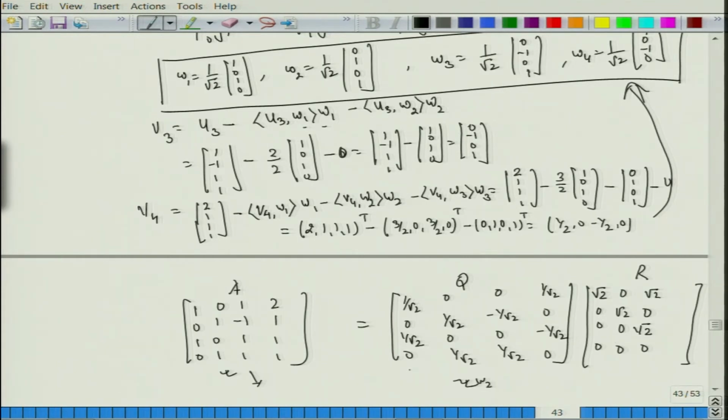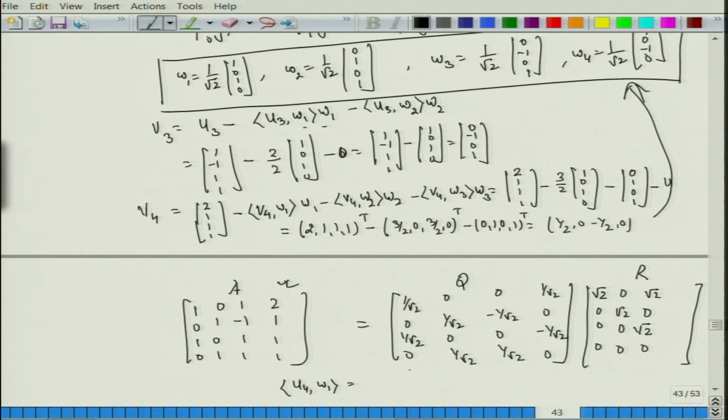Fourth one, let us look at the fourth one. The fourth one has a lot of entries, so be careful. I have to compute the fourth one. So U4 inner product with W1: the inner product of this with (2, 0, 1) is 2 plus 1, so 3 upon root 2.